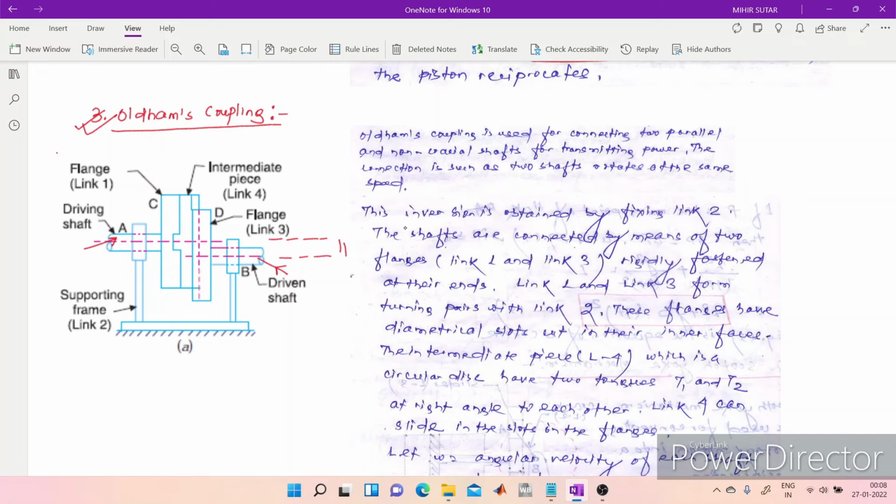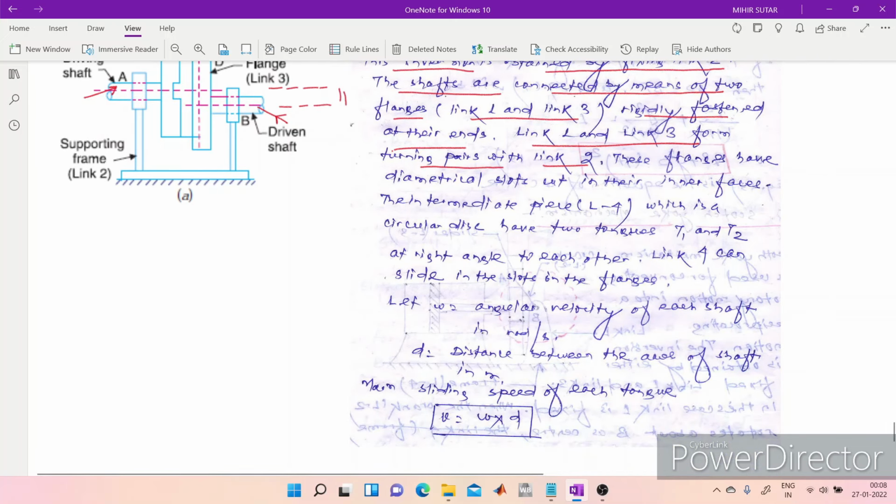This inversion is obtained by fixing link 2. The shafts are connected by means of two flanges. Here you can see link 1 and link 3 rigidly fastened at their ends. Link 1 and link 3 form turning pairs with link 2, and these flanges have diametrical slots cut in their inner faces.